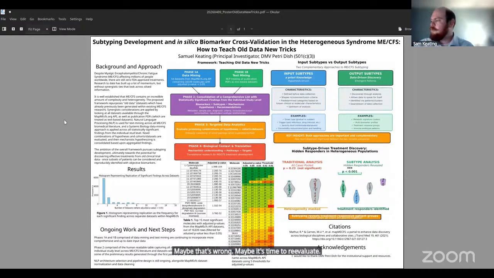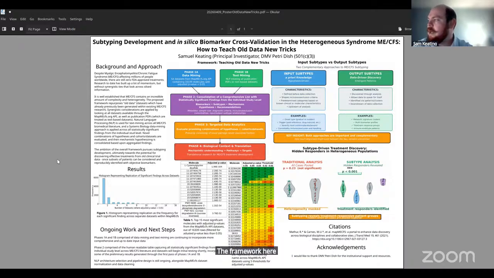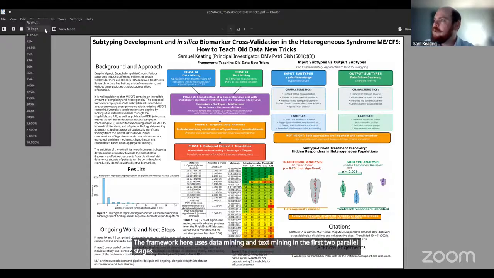So going to a little bit more depth here before I return to some of the comments. The framework here uses data mining and text mining in the first two parallel stages.